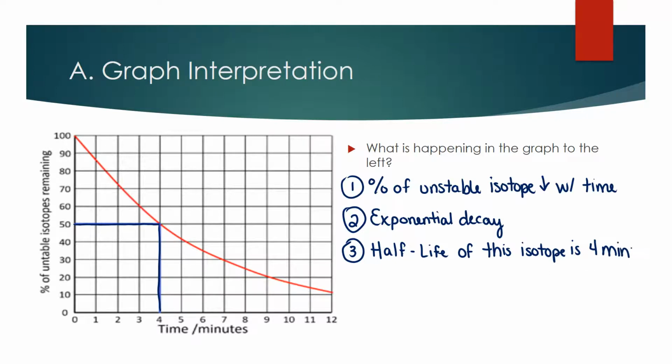That means only half of the remaining radioactive atoms are there. You could go across and find 25% at about 7.5 minutes. So that would be another half-life that it's gone through. We're going to work on that more with the upcoming slides.